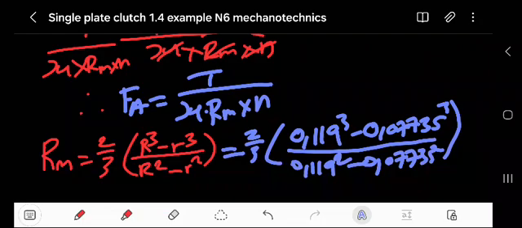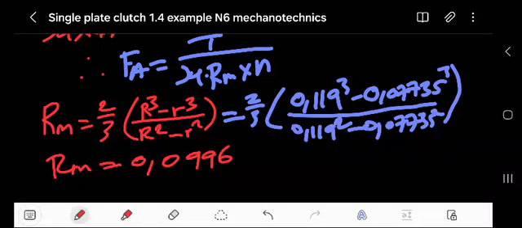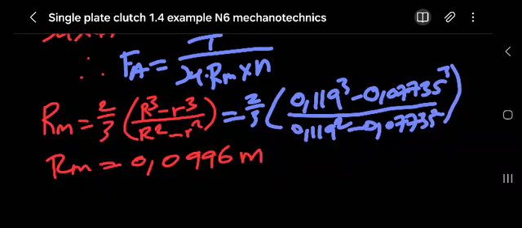Oh, it is squared, not cubed. Divide by squared, guys. Oh, sorry about that. This is squared: 0.119 squared minus 0.07735 squared. I don't know about yours, but my calculator gave me 0.0996.